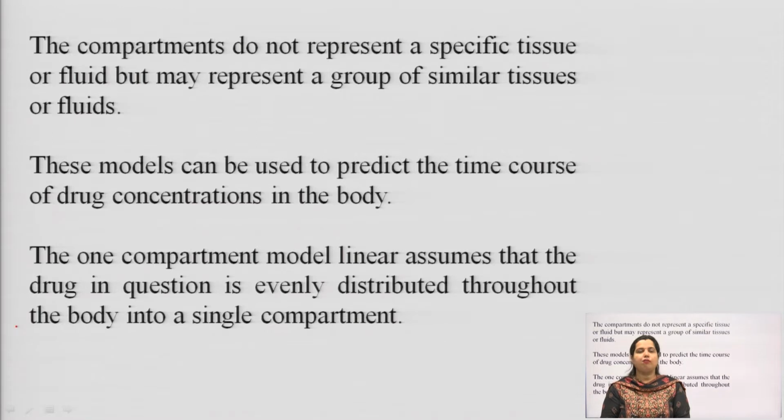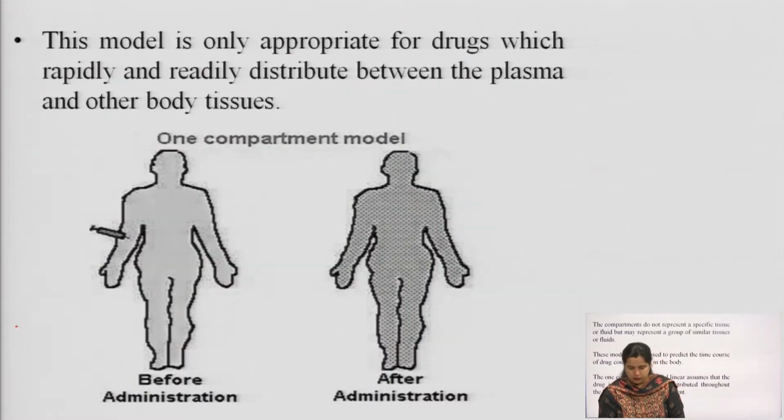The one compartment model assumes that the drug in question is evenly distributed throughout the body in a single compartment. When we describe the one compartment model, we usually assume that the body is a uniform compartment and the drug is evenly distributed all over the body. So, this principle is followed in the one compartment model.